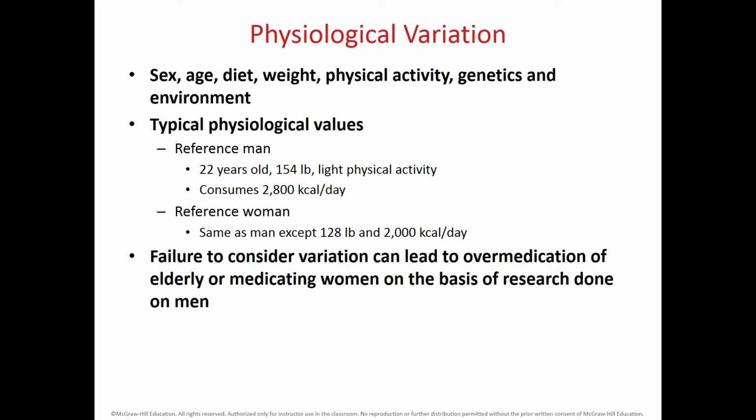For instance, one physiological variation in females. Females before puberty or adolescence don't produce certain hormones like estrogens and progesterone, and thus they don't have menses. But once we reach puberty, we start producing these hormones, estrogen and progesterone, preparing us for reproduction.